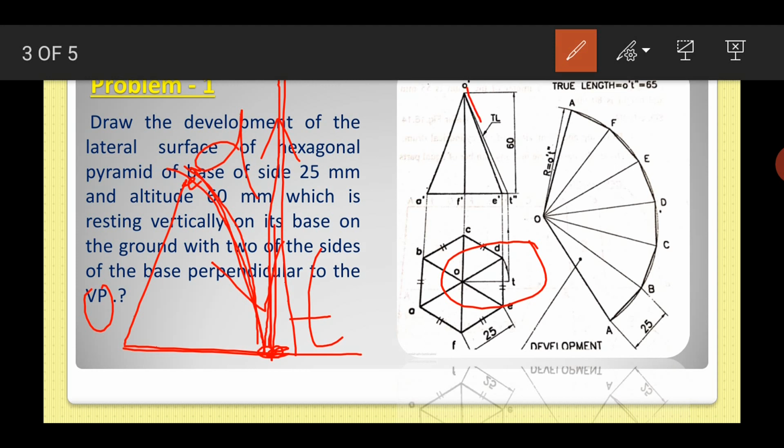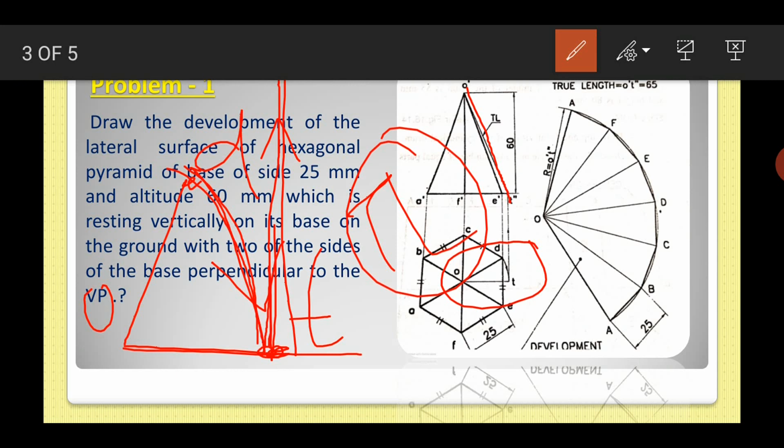Now this length, that is O dash to T double dash, is the true length. For all problems like this, the development of a square, hexagonal, pentagonal or any shape, when you open it, you should do it this way.